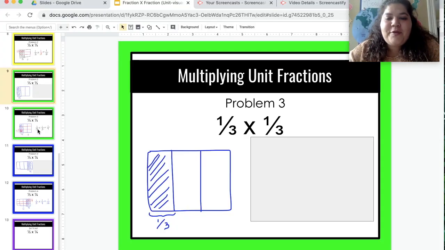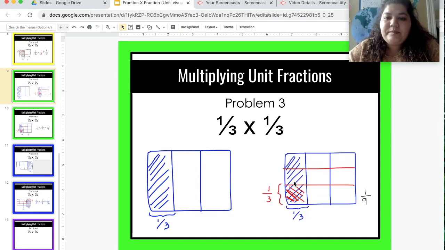All right, problem 3, 1/3 times 1/3. So again, in our area model, I'm going to start off with 1/3 and shade that 1/3 in. Next, we're going to divide it into thirds the other way. So now I have 3/3 this way, horizontally and vertically at this point. Here we can see this is 1/3 shaded in, and this is 1/3 of that 1/3 shaded in.